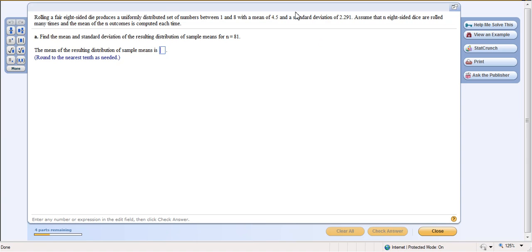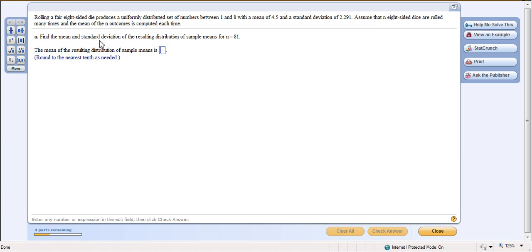And so you average it out, and the average is 4.5. Standard deviation, again, 2.291. Okay, so again, that n 8-sided die just means that they rolled it 10 times, or they rolled it 12 times, or they rolled it 15 times, or so on.